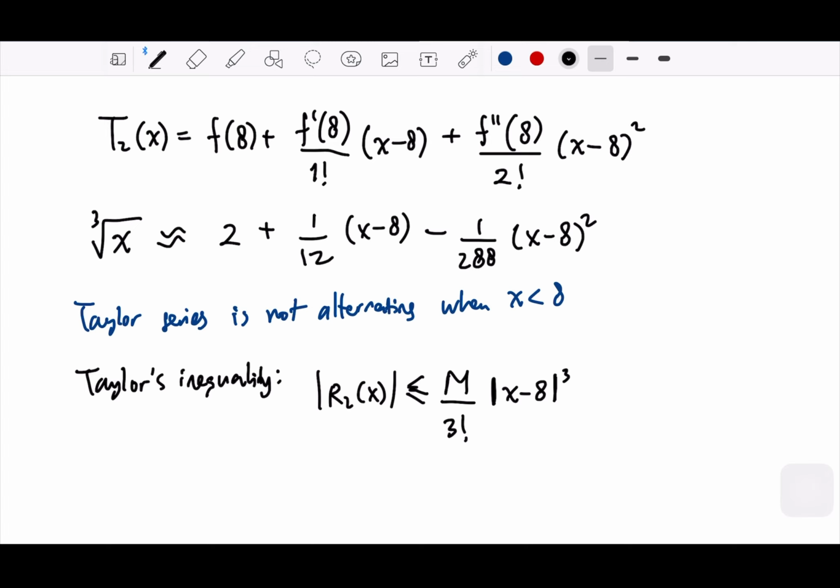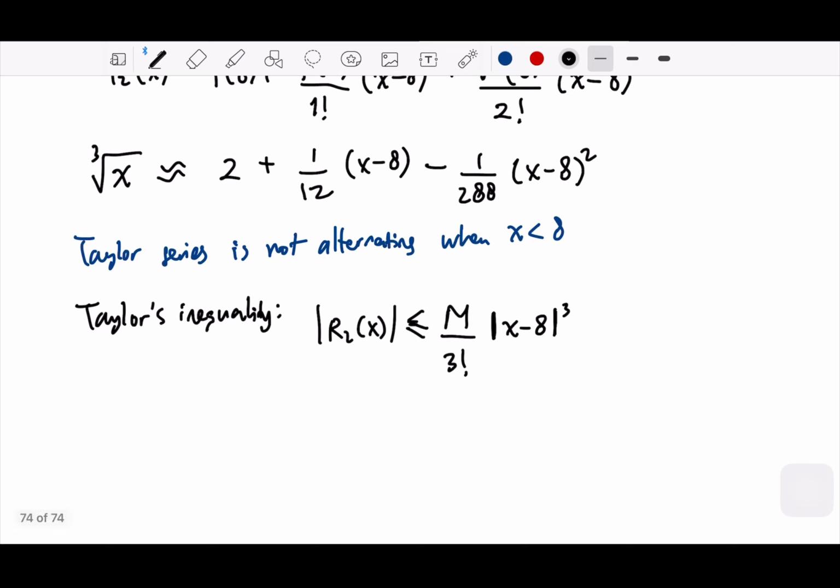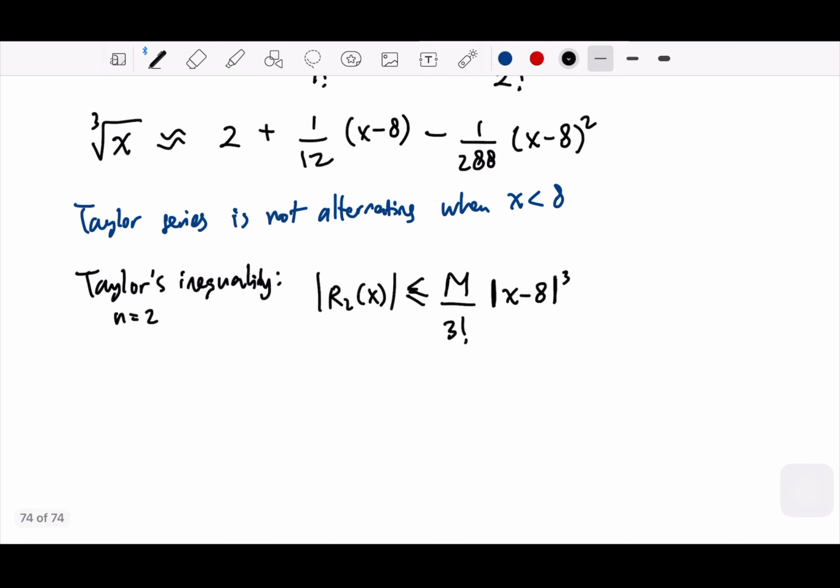Okay. Taylor's inequality when n is equal to 2. And then the M, we are going to introduce M as this inequality.